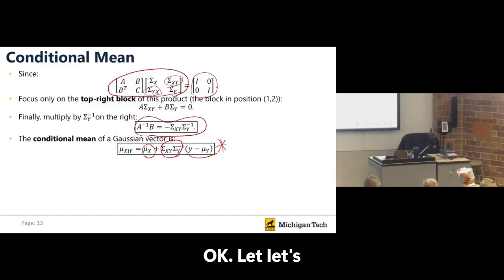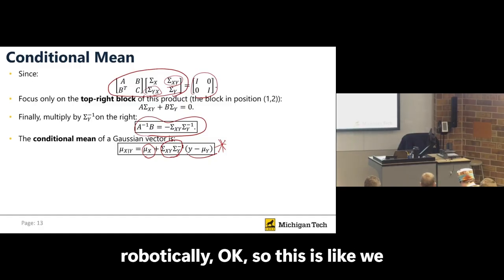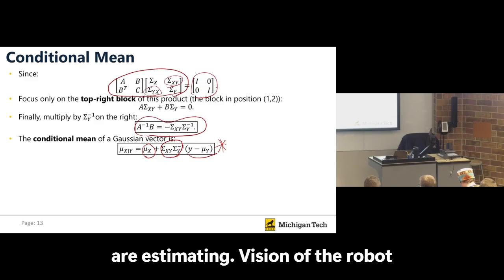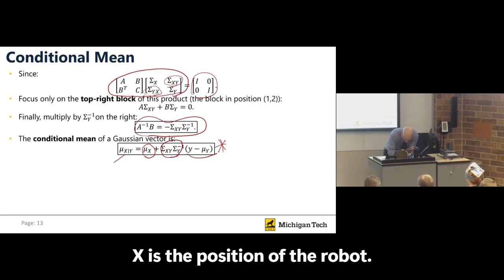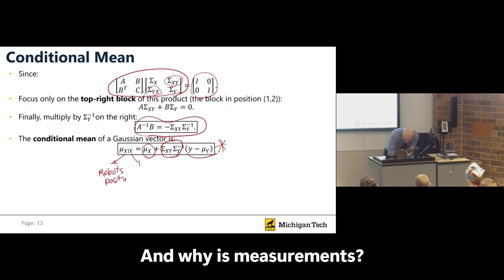Let's explain this in a way that you understand it with robotic view. So this is like we are estimating the position of the robot. X is the position of the robot, and y is measurements.